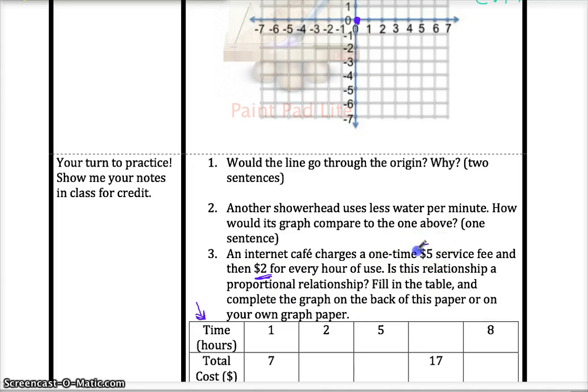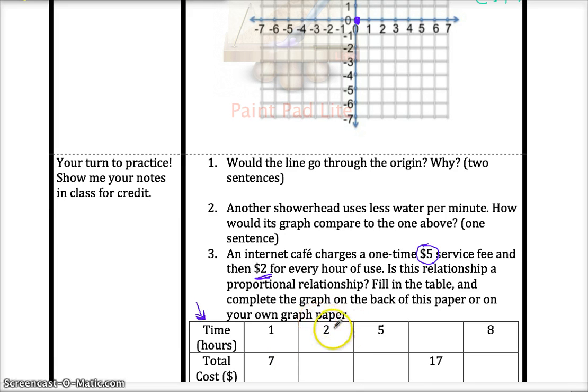But we also have to remember that there's this one-time service fee that's going to apply no matter how long they use the internet. So here's 1 hour, and the total cost was $7 because the $5 service fee plus the $2 for that hour. So 5 plus 2 is 7, and that's what they got.